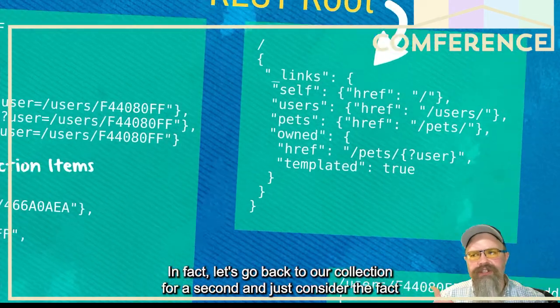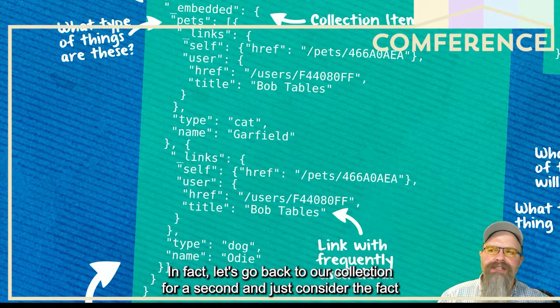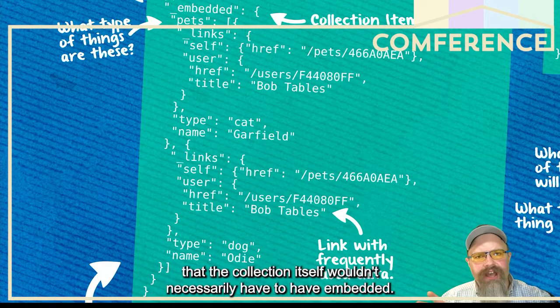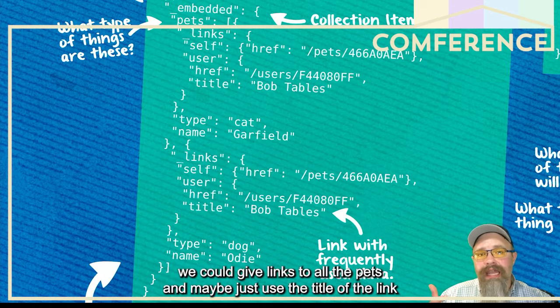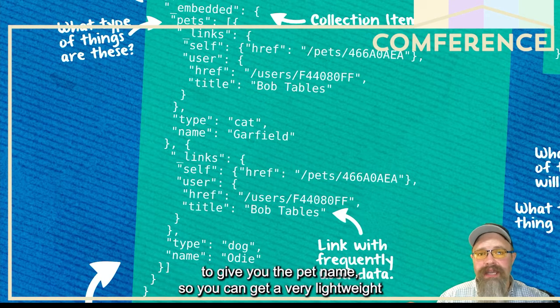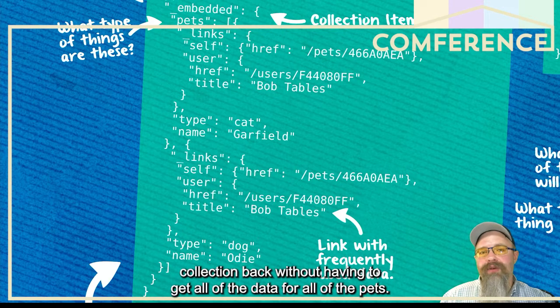In fact, let's go back to our collection for a second and just consider the fact that the collection itself wouldn't necessarily have to have embedded. If we wanted a much lighter collection, instead of embedded, we could give links to all the pets. And maybe just use the title of the link to give you the pet name, so you can get a very lightweight collection back without having to get all of the data for all of the pets.